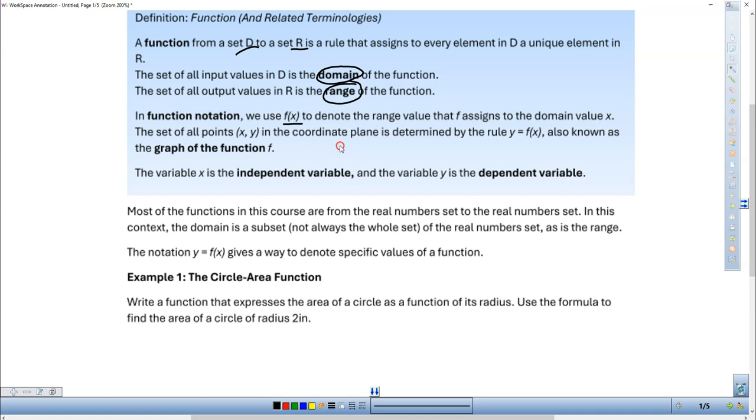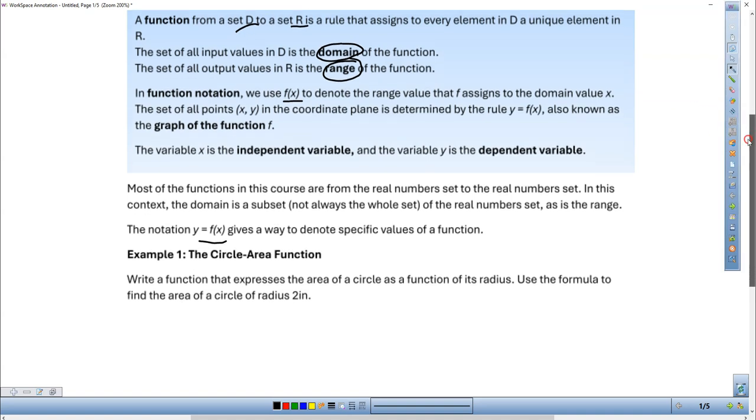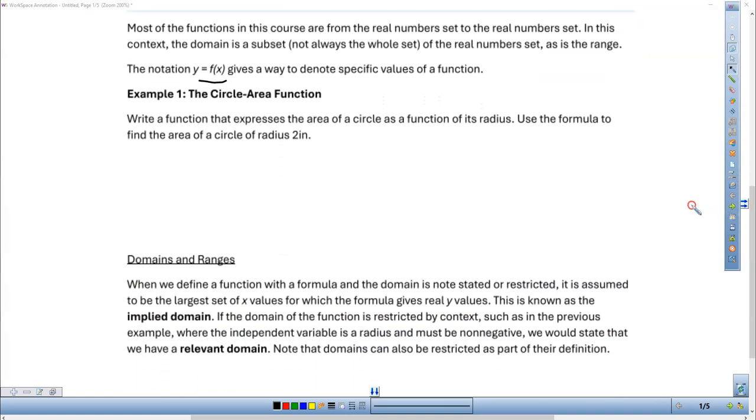We're not going to have to worry about complex numbers. So in this context, the domain is a subset, not always the entire set, of the real number set, as is the range. And again, the notation y equals f of x is a way for us to note specific values of a function.